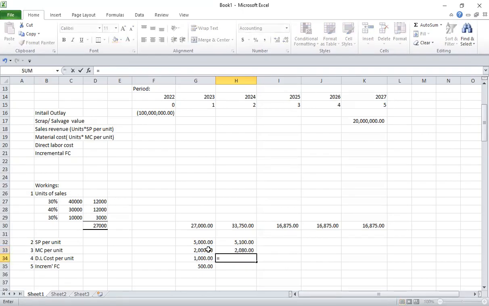And then for direct labor cost, I take what I have for year one and multiply by the inflation, which is 5%, so 1 plus 5%. And lastly, for the incremental fixed cost, the 500 for year one, I expect inflation to be 10%, so times 110%.